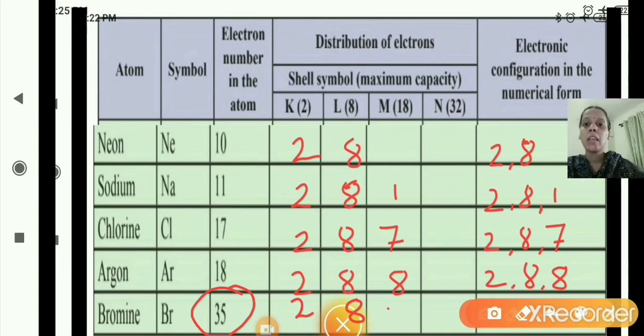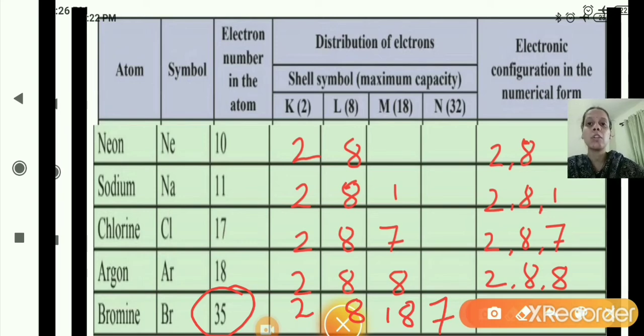In that, 18 will accommodate in M shell, because the maximum capacity of M shell is 18 electrons. So from the 25 remaining electrons, 18 will go in M shell. Now how many more electrons are remaining? That is 7 electrons, that will go in N shell.